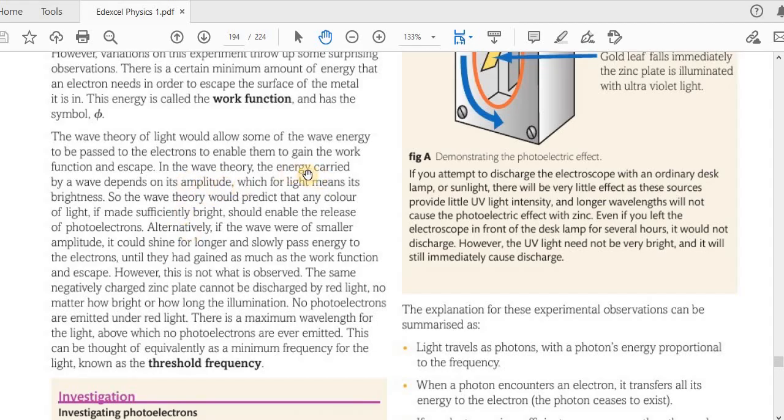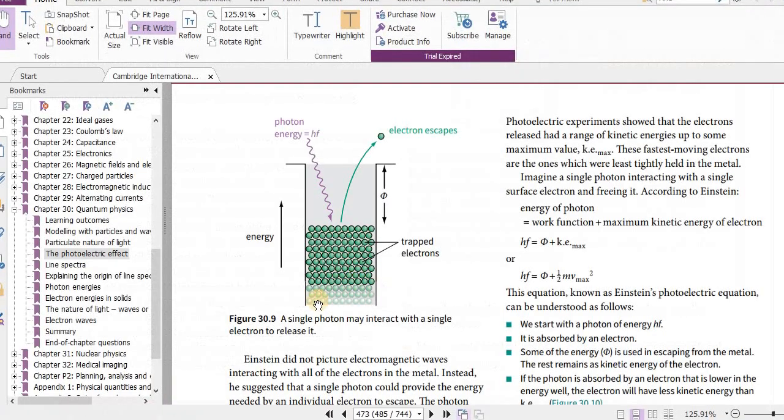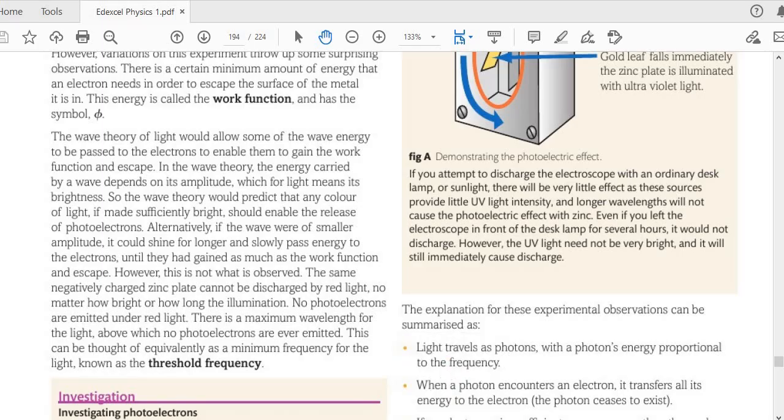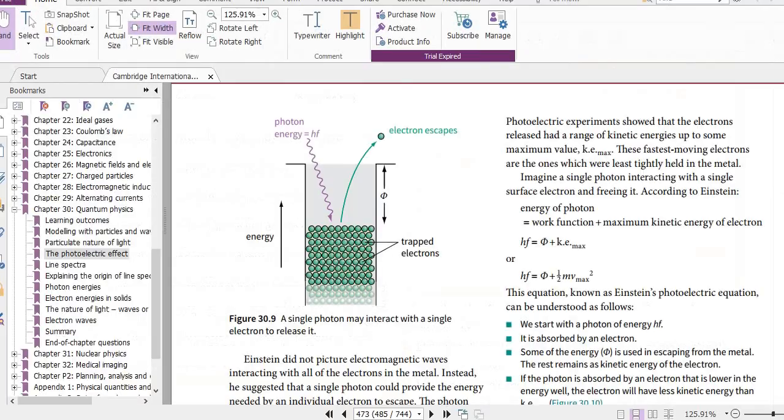In the wave theory, the energy carried by a wave depends on its amplitude, which for light means its brightness. So the wave theory could predict that any color of light, if made sufficiently bright, should enable the release of photoelectrons. Now that is not happening here. I told you it's one photon removing one electron, so the intensity doesn't affect this.